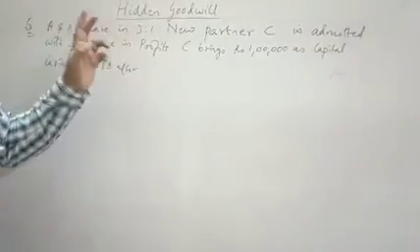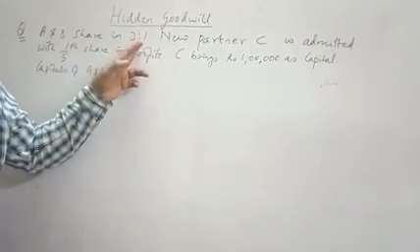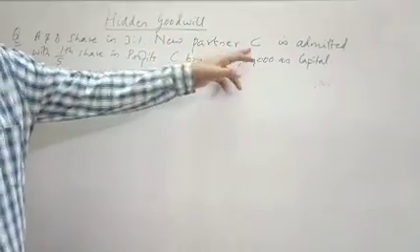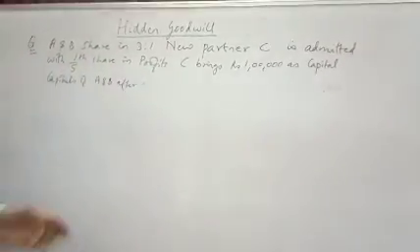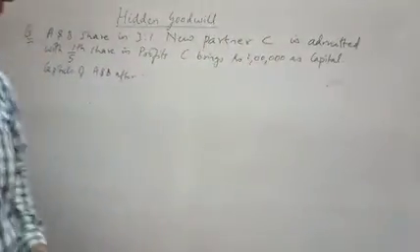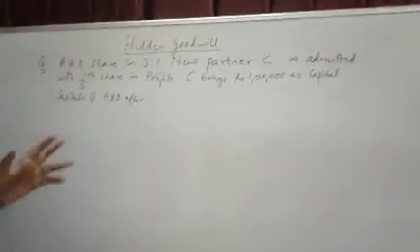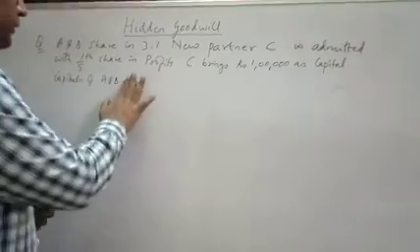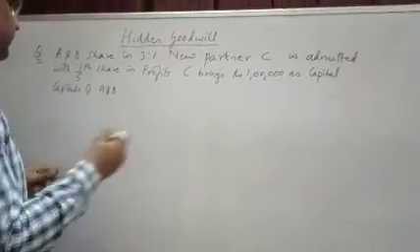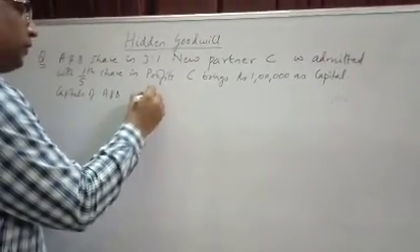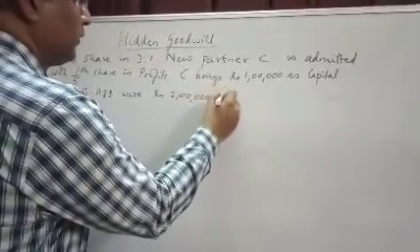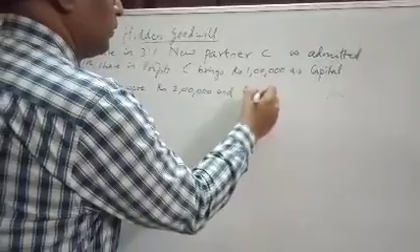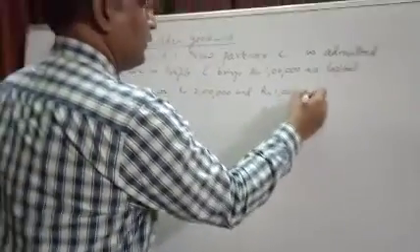A and B, old partners, share profits in the ratio 3:1. New partner C is admitted with 1/5 share in profits. C brings 1 lakh as capital. In this question we will take the information as capitals of A and B were rupees 2 lakh and rupees 1 lakh respectively.